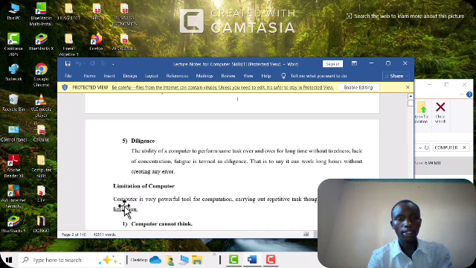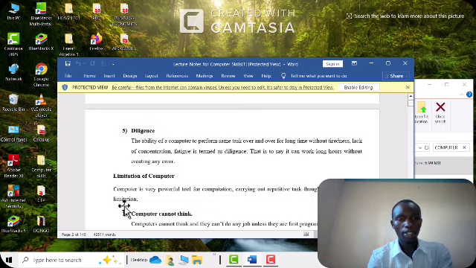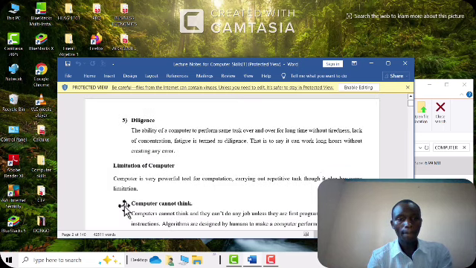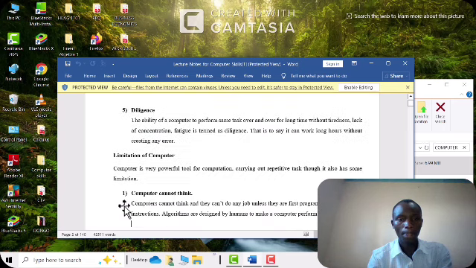Besides knowing the characteristics of a computer, the computer also has some limitations, which I'm going to explain here. A computer is a very powerful tool for computations and carrying out repetitive tasks, though it also has some limitations.